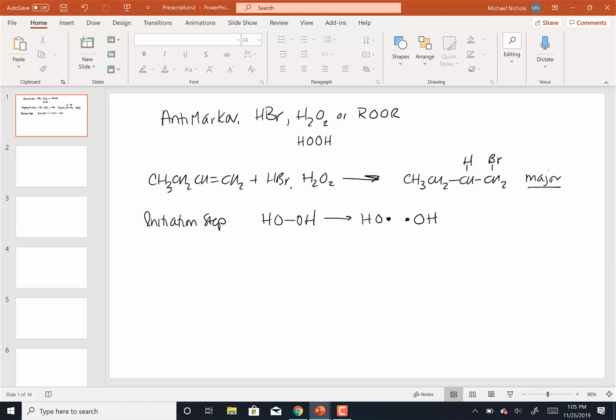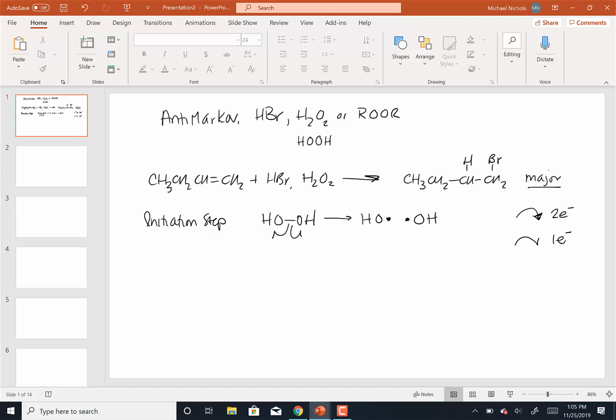Now the arrows that we use to show that are going to be what are called fishhooks. They're half arrows. A full-blown arrow that we've been drawing is the movement of two electrons. A fishhook arrow is one. So all the mechanisms that we do with free radicals involve one electron movements, and so they're going to be fishhook arrows.